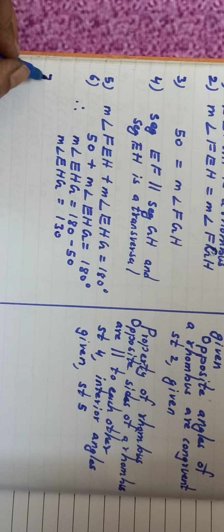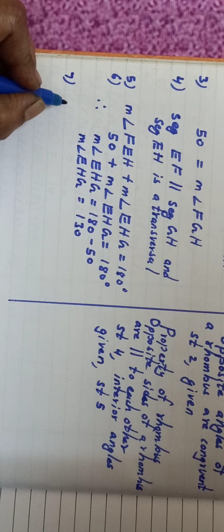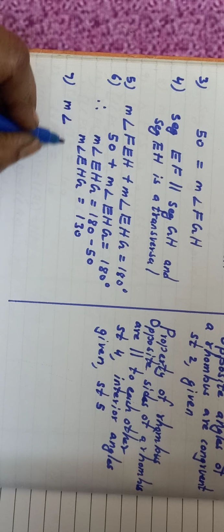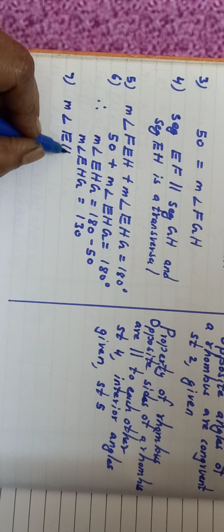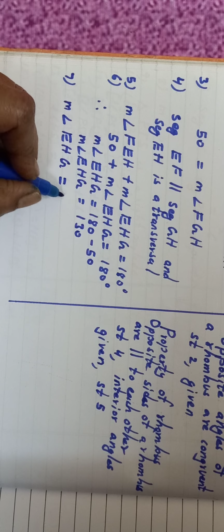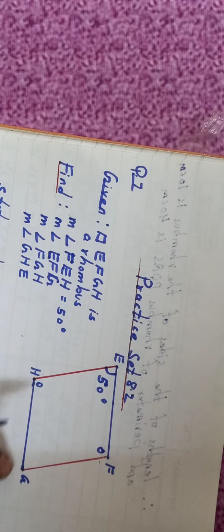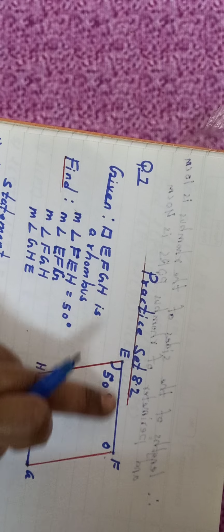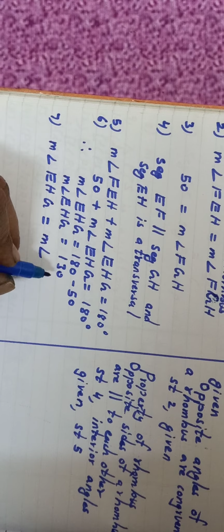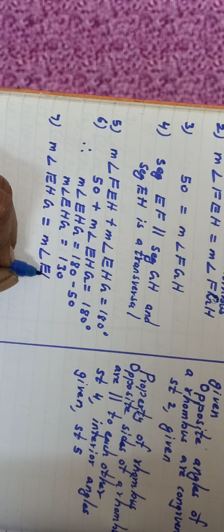Now the last step: we will write measure of angle EHG is equal to measure of angle EFG.